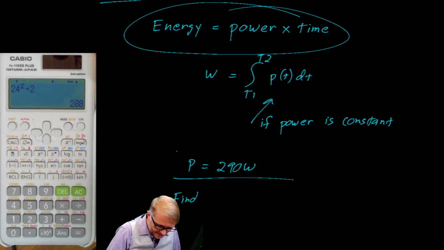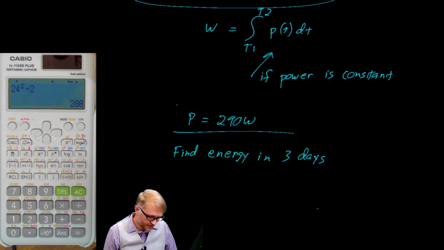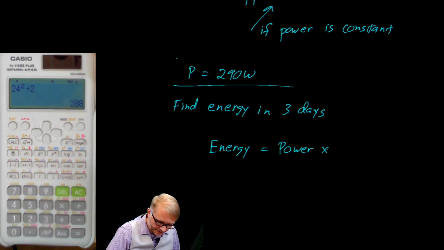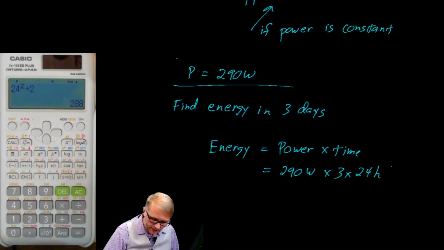So energy is equal to power multiplied by time, and we said that was about 290 watts, by 3 times 24 hours.